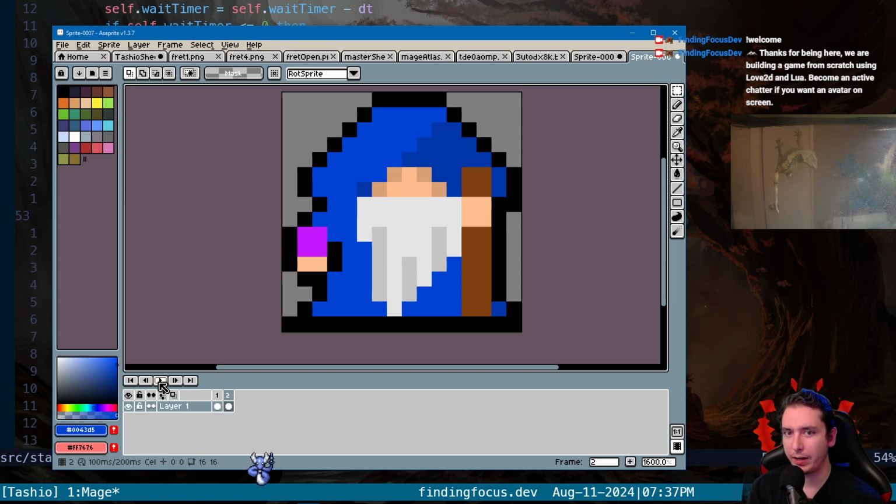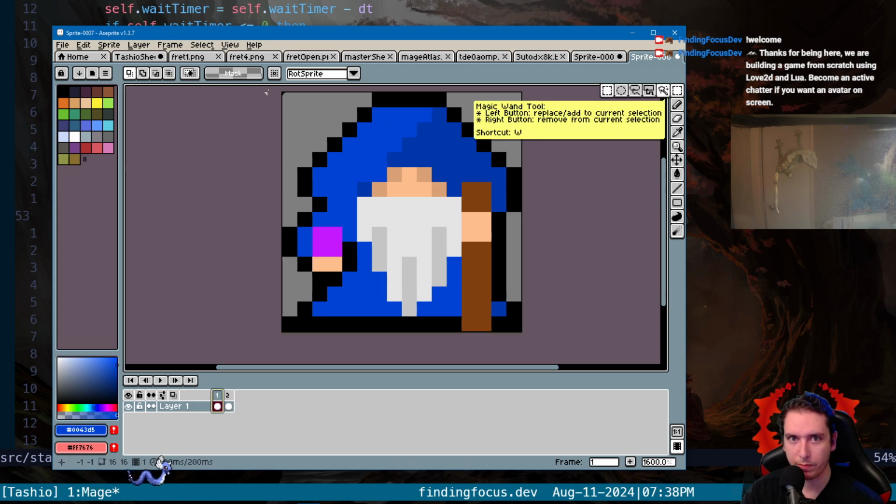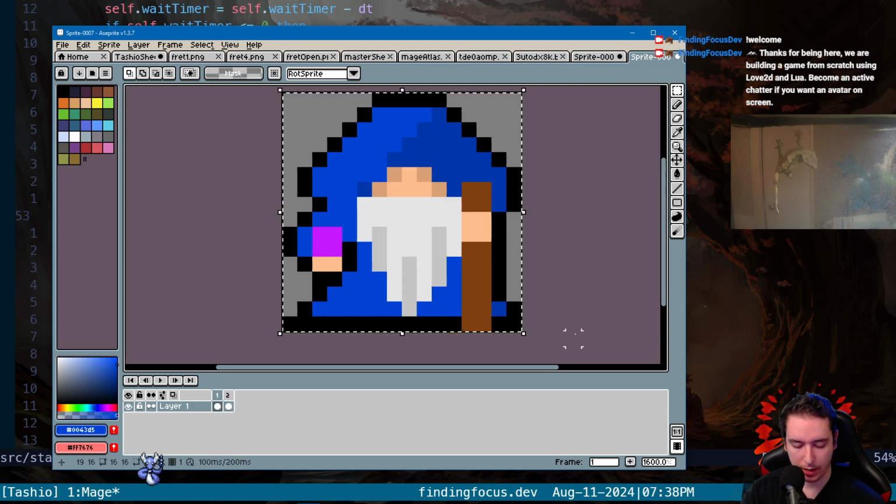But if he's walking to the left, his left hand will be visible, so his staff will be in front of the orb. So we'll have to play with that and see how that looks. But we'll basically copy one of these as a starting point for walking up, and we'll see.